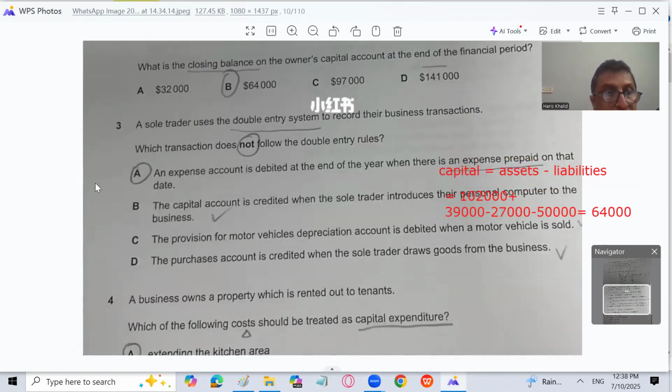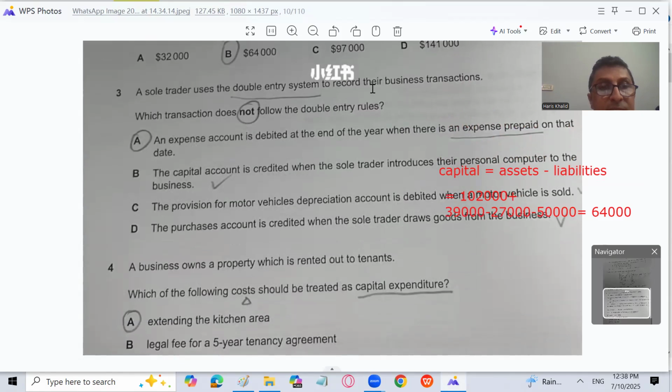MCQ number 3. A sole trader uses the double entry system to record their business transactions. Which transaction does not follow the double entry rules? An expense account is debited at the end of the year when there is an expense prepaid on that date. The capital account is credited when the sole trader introduces their personal computer to the business.